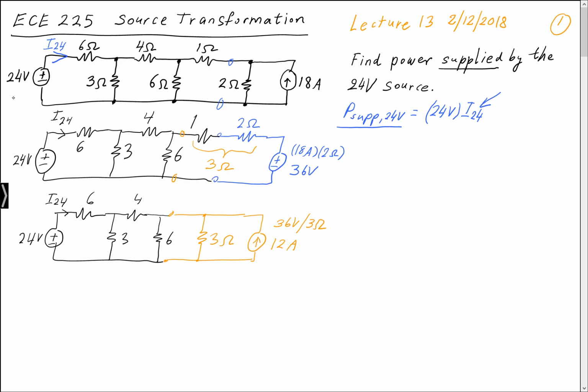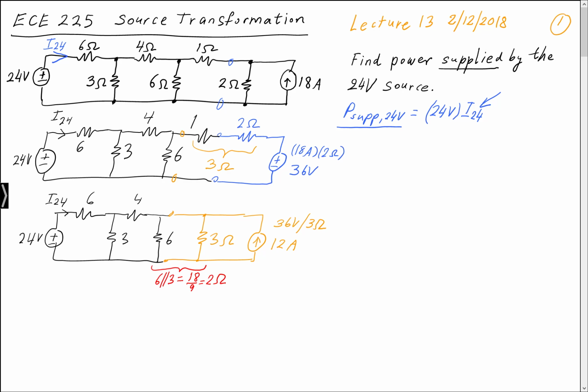Well, now what we notice is that these two resistors are in parallel. So 6 parallel 3 is what? Product over the sum, 18 over 9, that's 2 ohms, right?